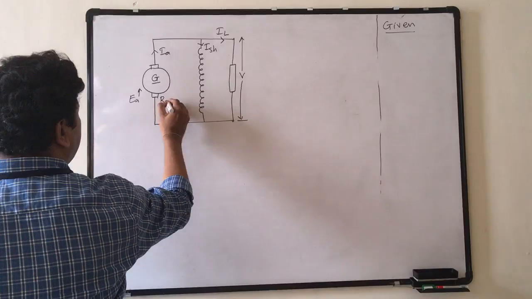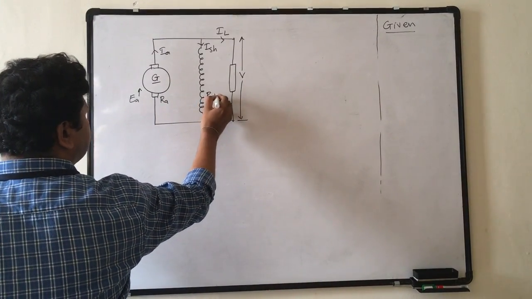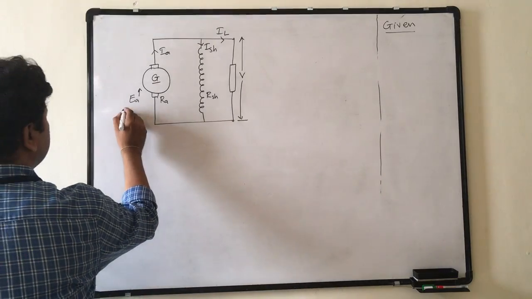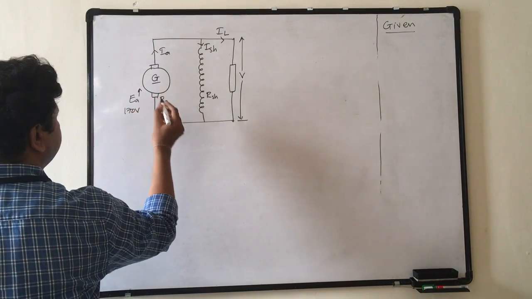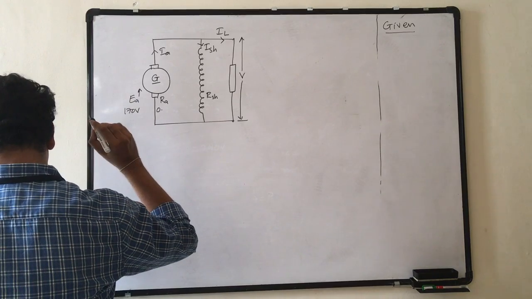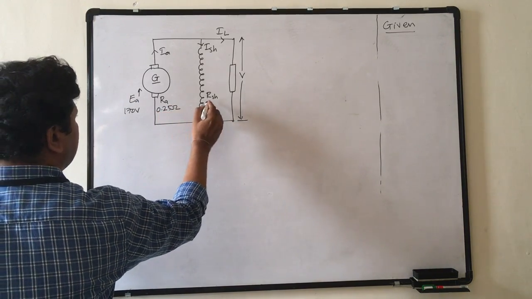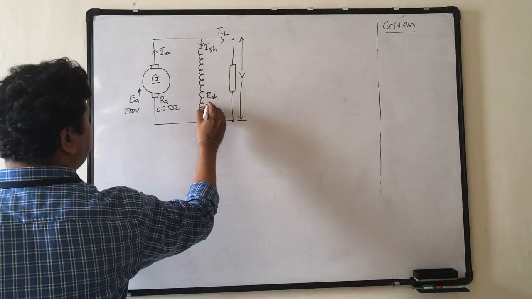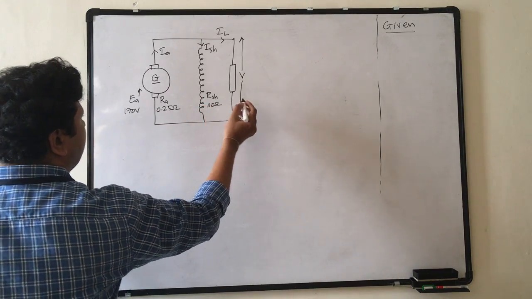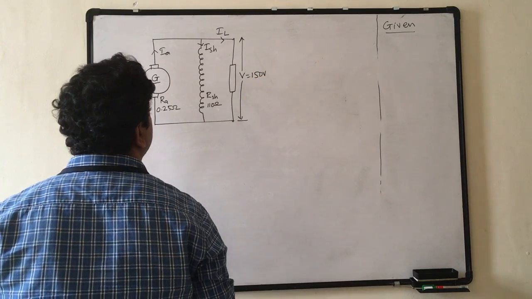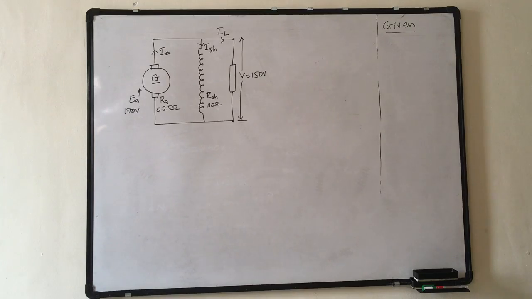So it has got RA, it has got RSH. Now EA is 170 volts, RA is 0.25 ohms, RSH is 110 ohms, V is 150 volts. So these are the given things.